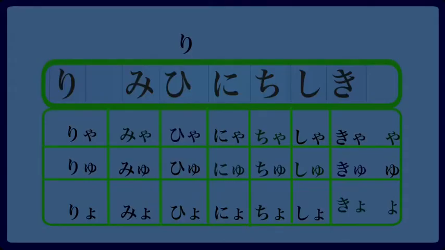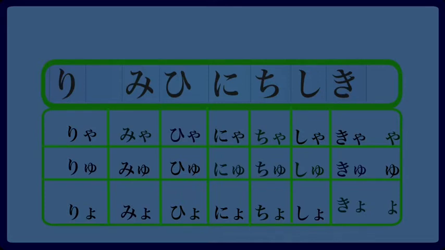Ri with the little yo, followed by ko, u, would be ryoko, meaning travel, or to go on a journey.